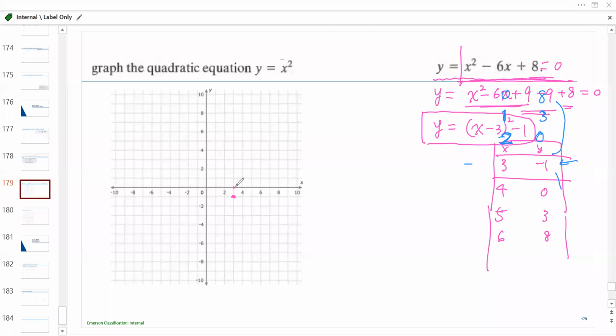When x is 4, here is 0. When x is -2, also 0. So you get 3 points here as well, right? When x is 5, you get 2 more up here, you get 3. When x is -1, you also get 3. When x is 0, you get 8, right? And when x is 6, you get 8 as well. Did you see? They match, just like a symmetric situation.